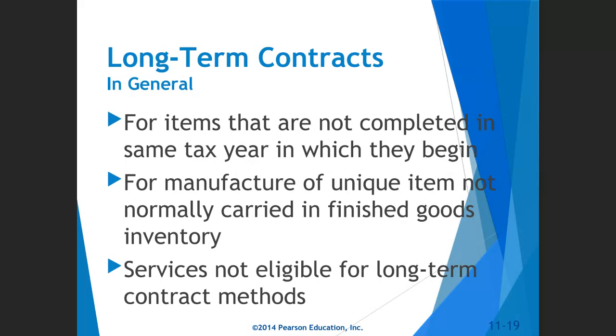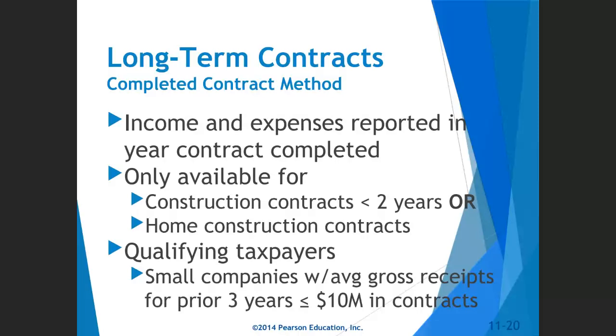For example, long-term contracts include building, installation, construction, or manufacturing contracts that are not completed in the same tax year in which they began. A manufacturing contract is long term only if the contract involves the manufacture of either a unique item not normally carried in finished goods inventory or items that normally require more than 12 calendar months to complete. Right. This is a long-term contract.